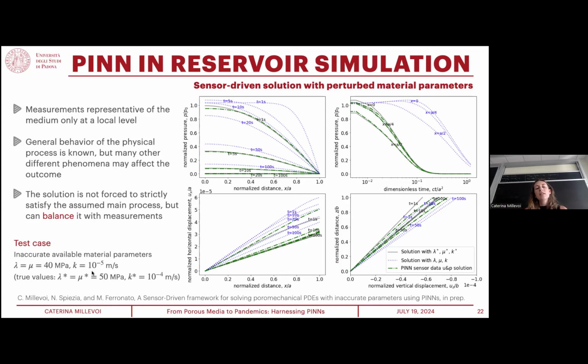In this setting, PINNs turn out to be able to capture the true physics, the actual physics, even if trained with inaccurate physics.